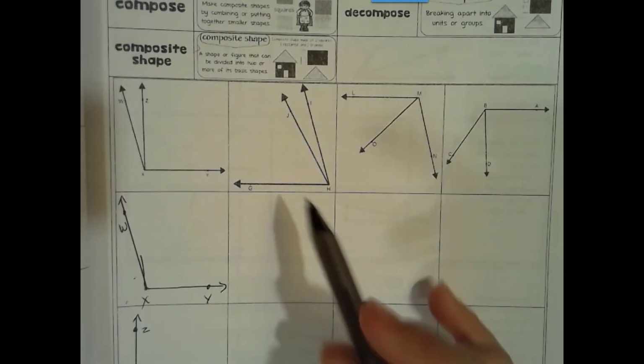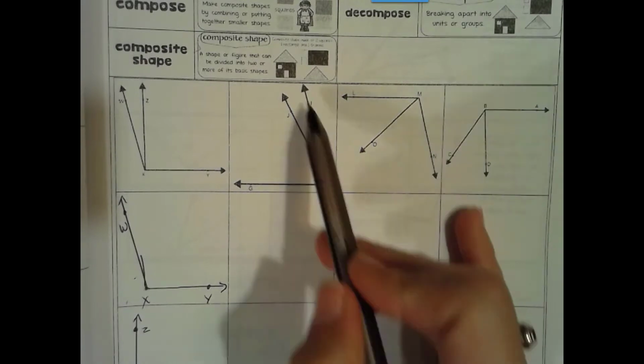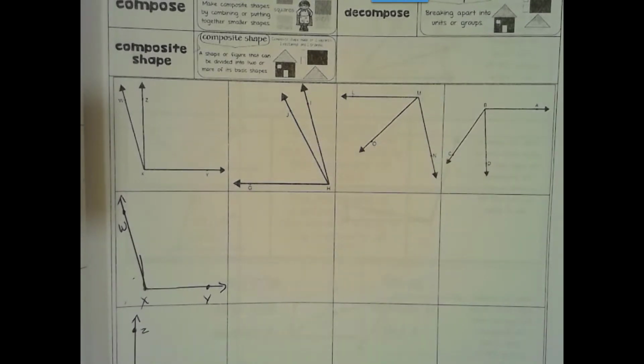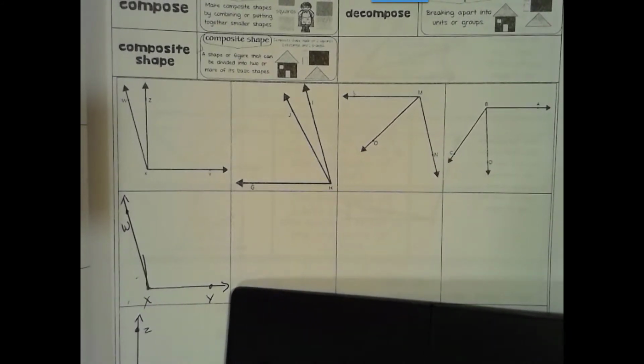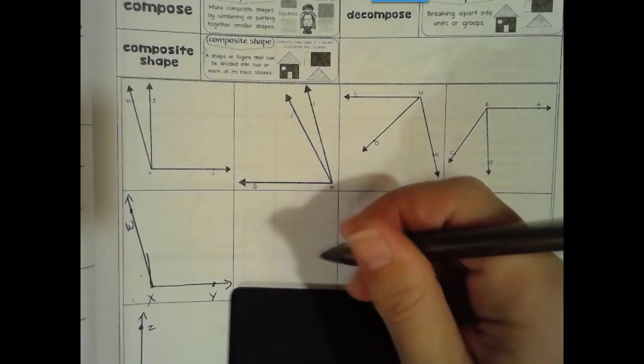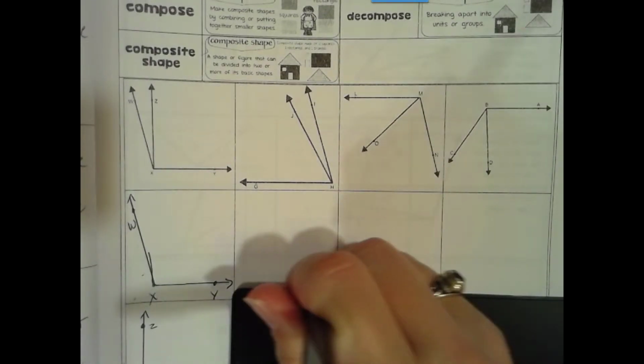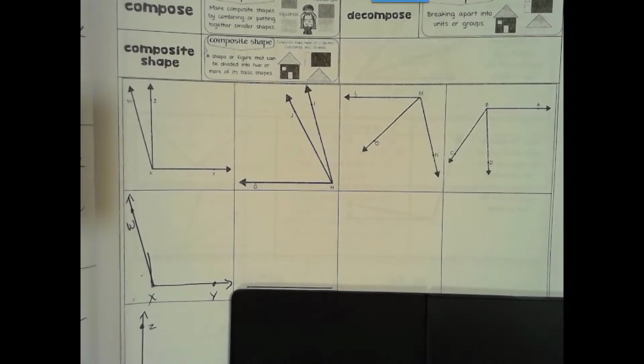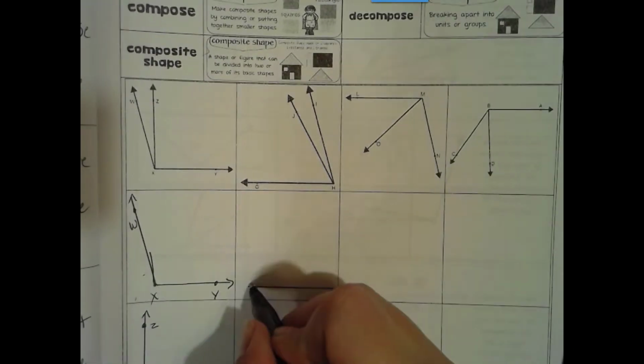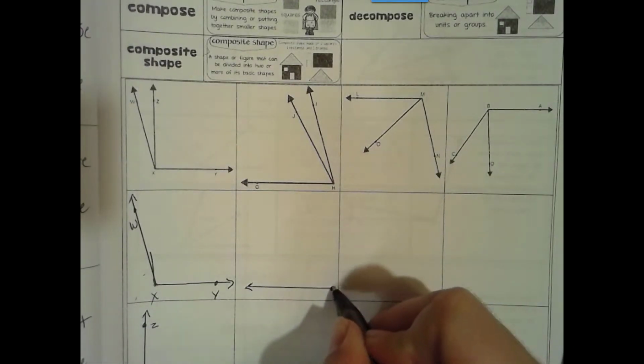Okay, now we're going to do the same thing with this angle. We'll go ahead and start with our largest angle, the one that's been composed by the 2 smaller ones. Start with our bottom ray, which is HG. Remember, with rays we always start with the endpoint.